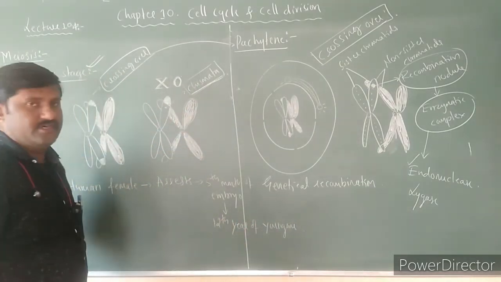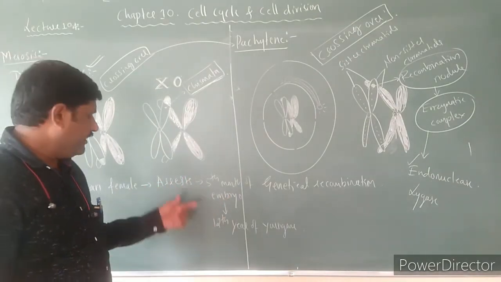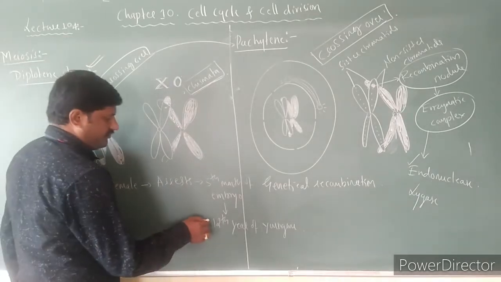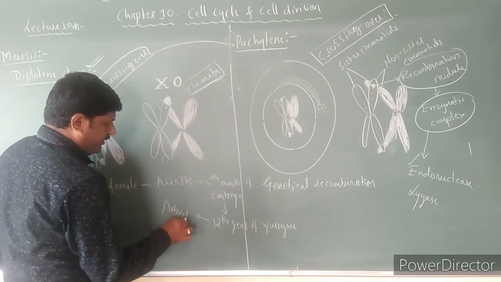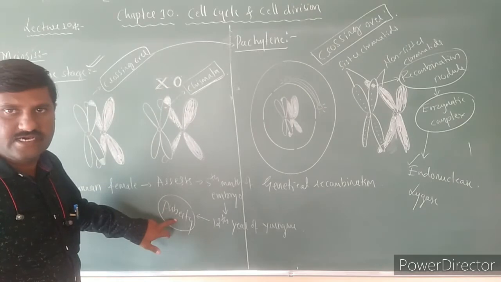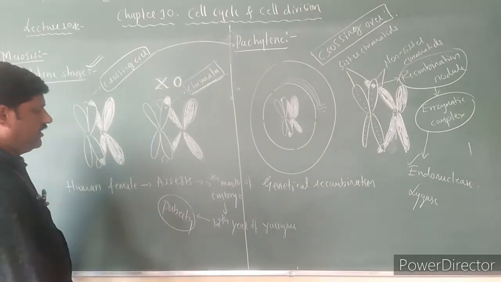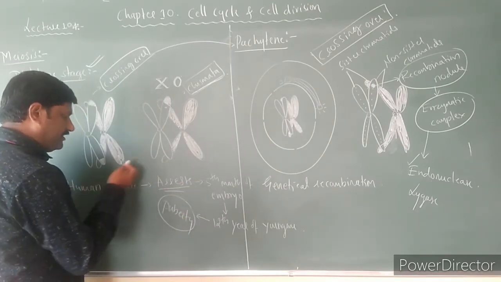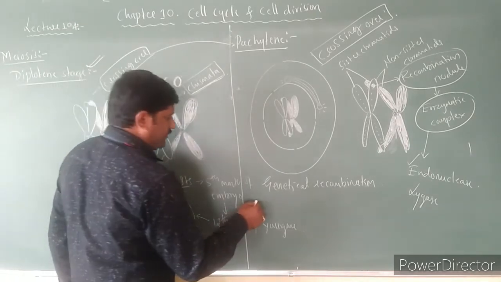Up to this many years, it is arrested. It is arrested up to puberty, what we call the 12th year, in the sense that the female gets maturity here. That maturity itself is called puberty. Up to puberty, what happens? It arrests. In this stage only, it arrests in the oocyte itself.